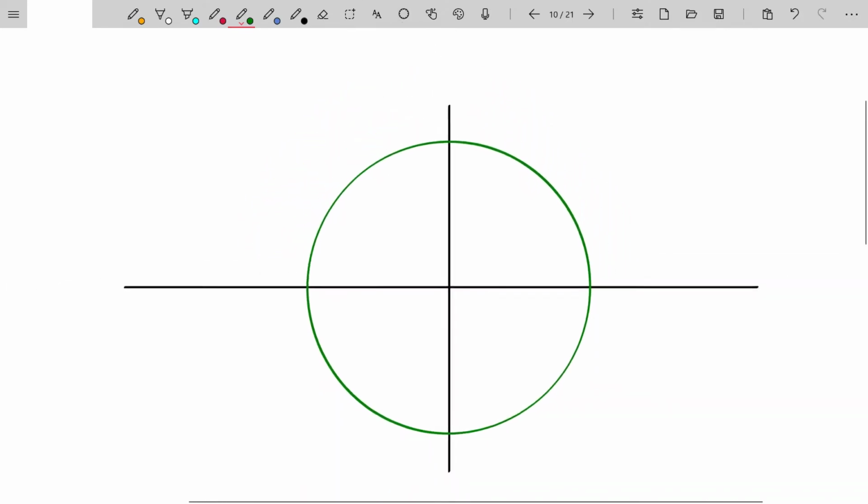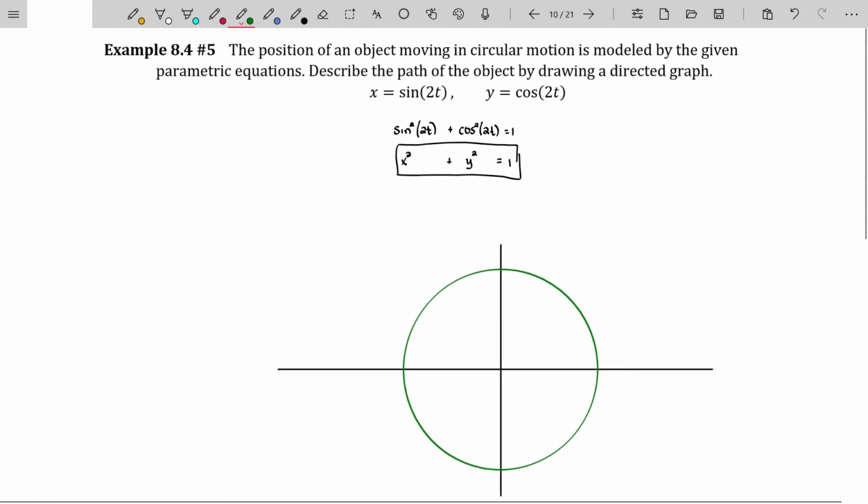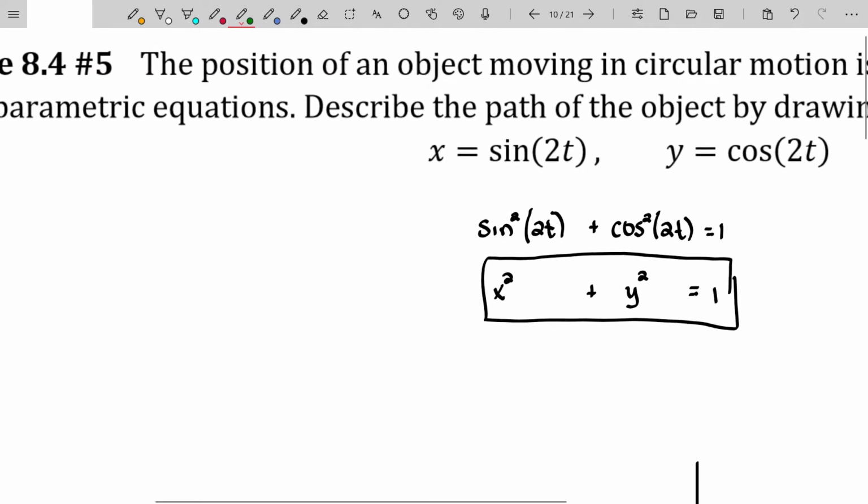So there's our unit circle. It's a unit circle because x squared plus y squared is equal to 1. And so we have the graph. We're done, with the exception that we need to know the path of travel. So that just takes a tiny little bit of work, right? Let t equal 0, and then maybe t equals pi over 2. That's all I really need.